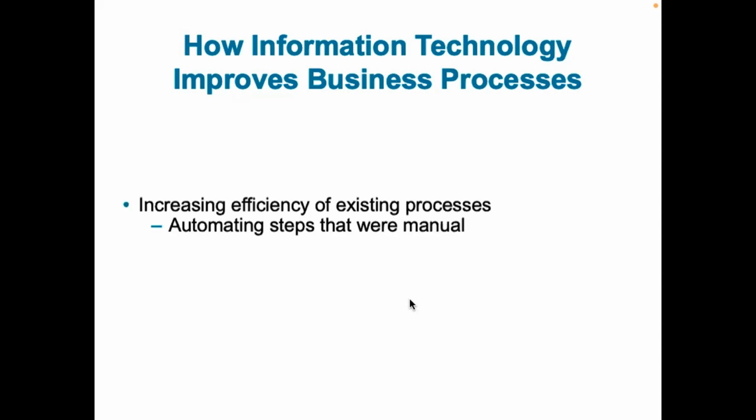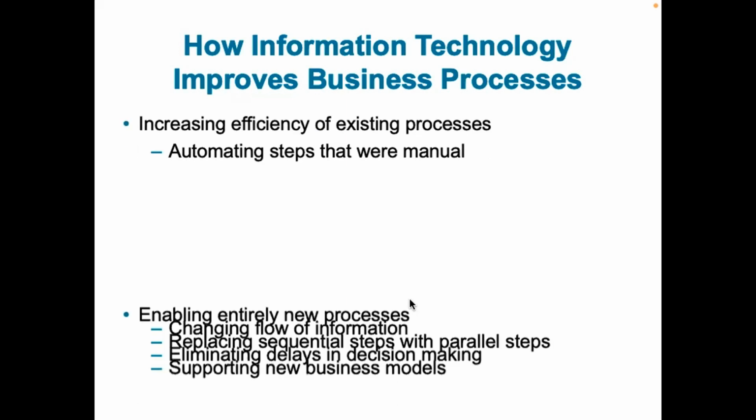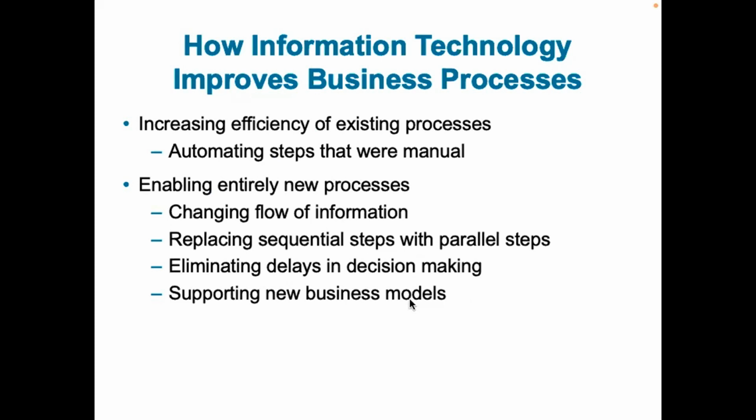So we mentioned two critical points: either completely transforming the business model or the process, or you would change the processes incrementally. So increasing efficiency of existing processes by automating some of the steps and also making sure that things are properly streamlined. The second point is that when you introduce technology, you can enable an entirely new process. And that way you can even bring in a new business model.